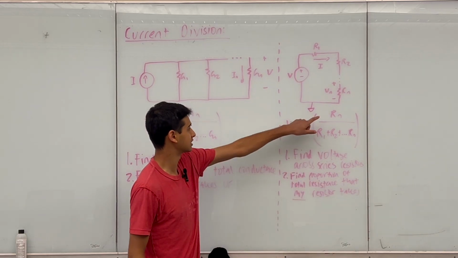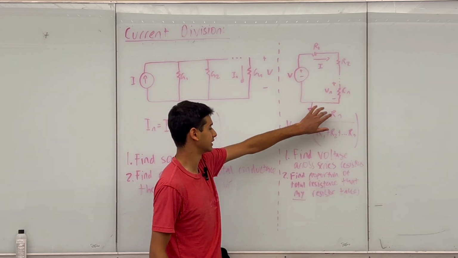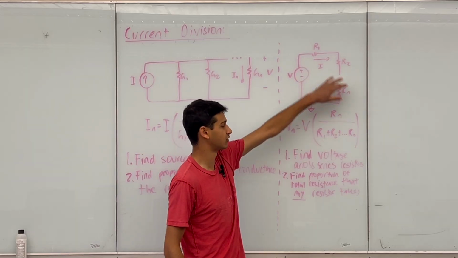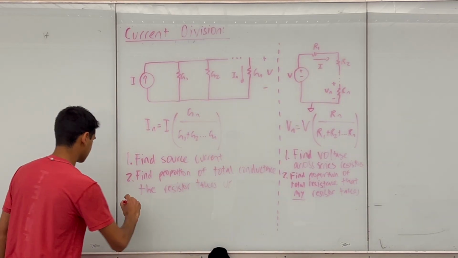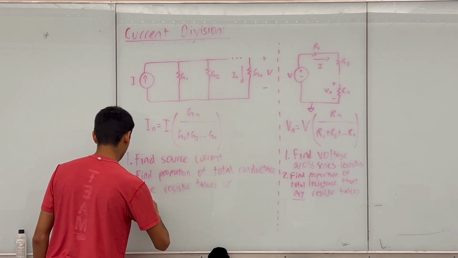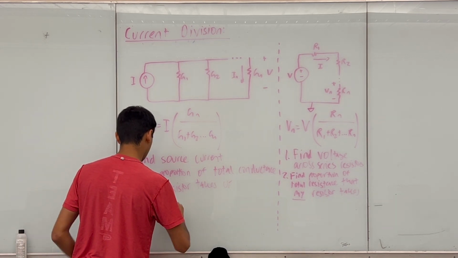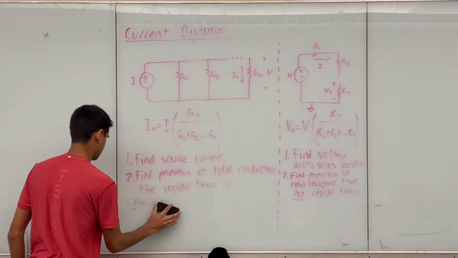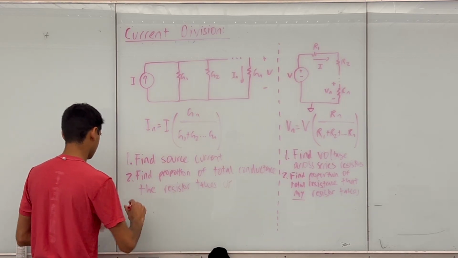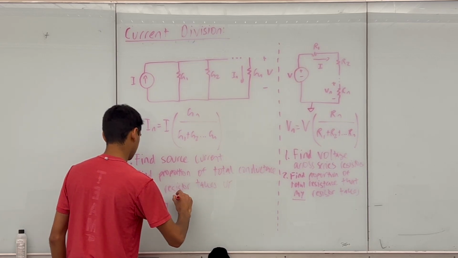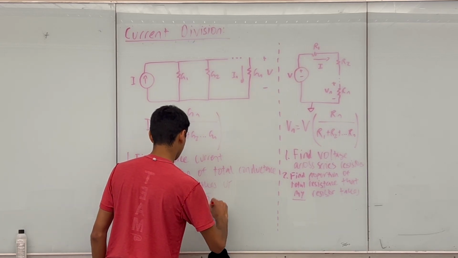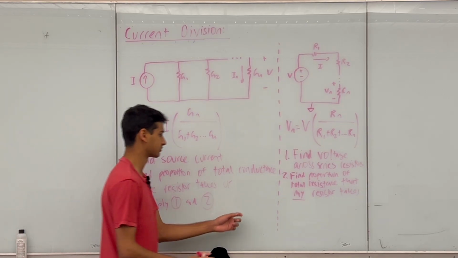And you can see that because I'm just taking my resistor, which is Rn, and I'm dividing it by the sum of all resistors, which is R1 plus R2 all the way to Rn. And the last thing I'm going to do is I'm just going to multiply. So the third step is just multiply 1 and 2. And this is the same for both scenarios.